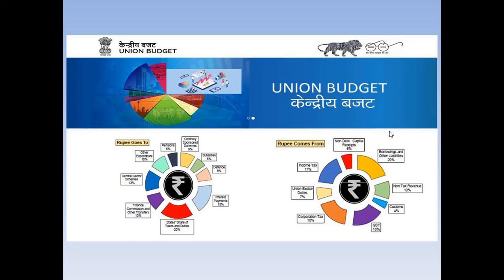So where the rupee goes to, I mean the money, it goes to pensions, other kinds of expenditures, central sector schemes, that is your social security schemes, like PF, ESS. Then we have e-shram. Then the finance commission and other transfers.